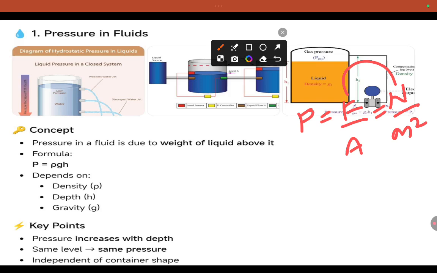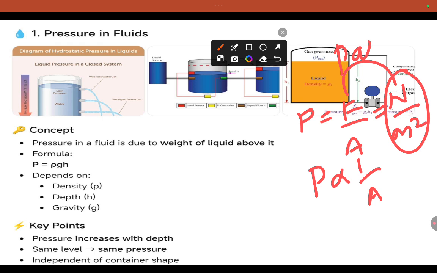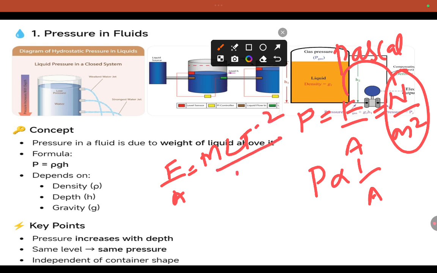Simply we can say pressure is inversely proportional to area. Newton per meter square is nothing but Pascal. In SI units we consider it as Pascal. Coming to dimensions, F by A: F is MLT to the power minus 2, area is length square. Area means length times breadth, so here we take length L, breadth L, that is L square.